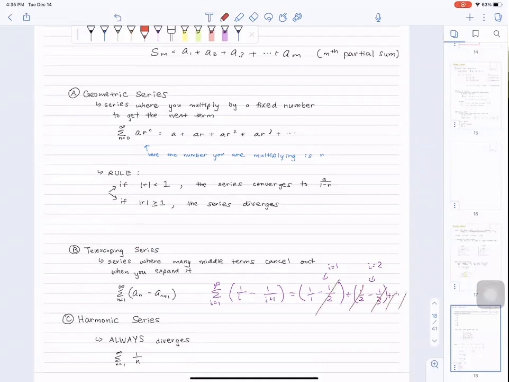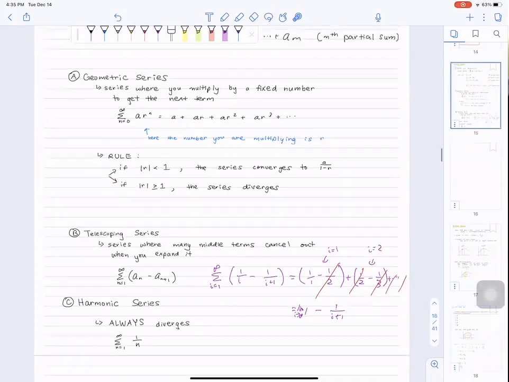So the pattern with telescoping series is that the middle terms will cancel out. You'll be left with 1 minus 1 over some i plus 1. So when you see telescoping series, you should write out everything and see what terms cancel out. And you get the first term minus the last term.